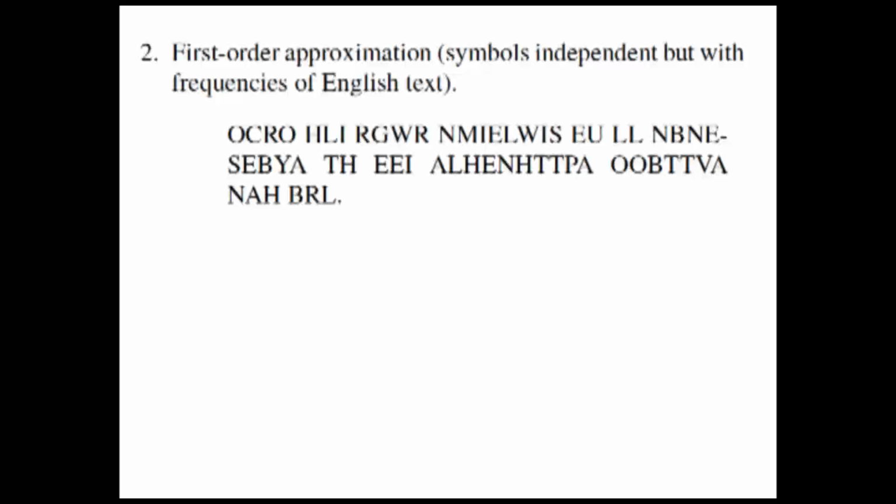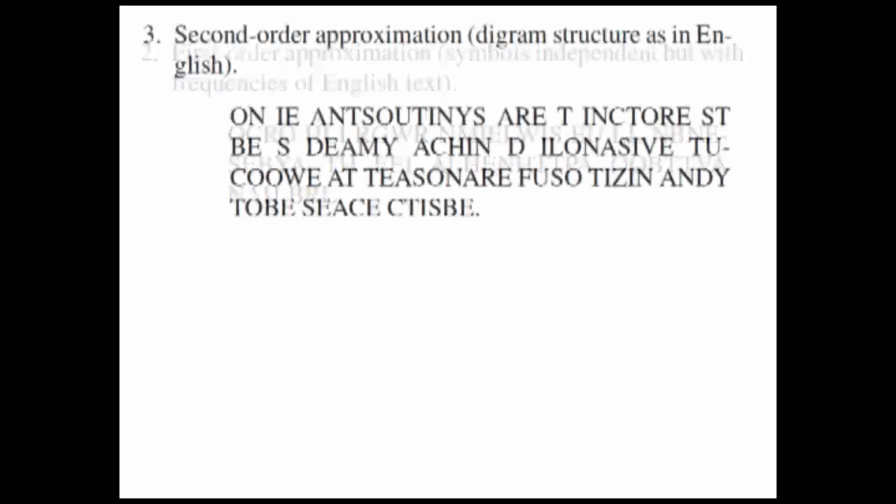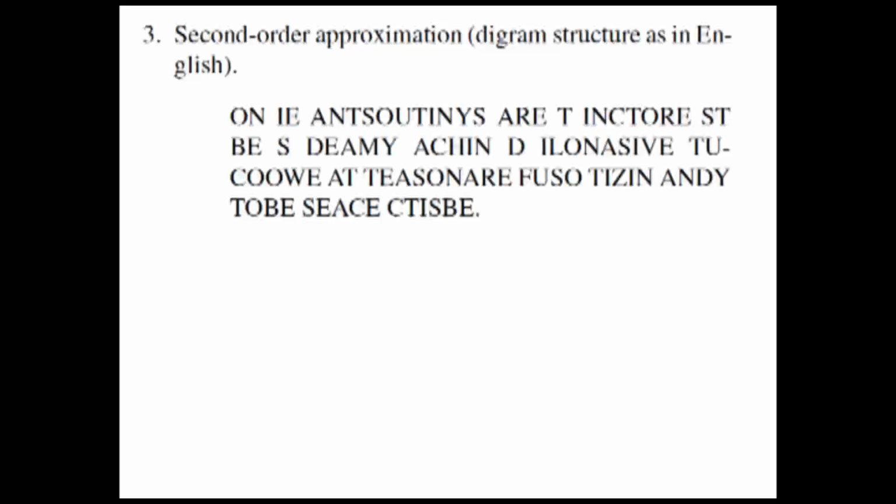Okay, so this is what you would get. And then he says, well, what about second-order approximation? So in other words, now, what we do is we have the right consecutive joint distribution of letters. Okay, so now we already have words that are valid words in English, like Andy and R and on.